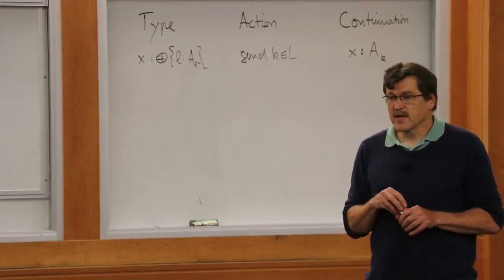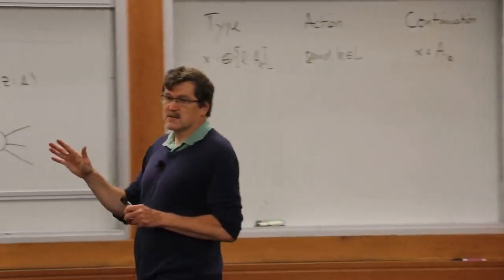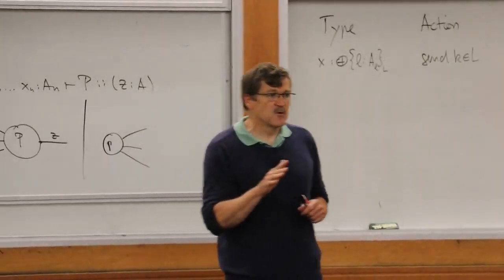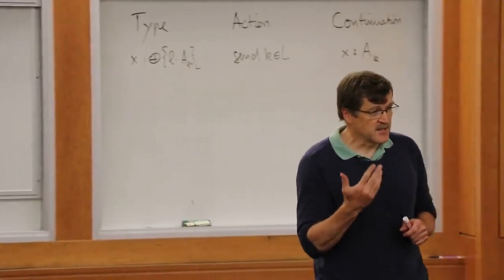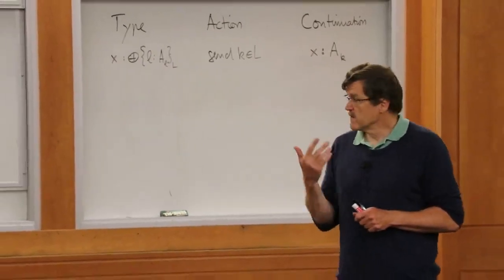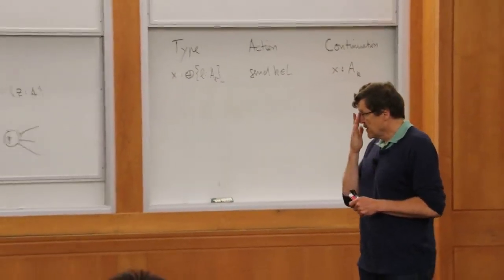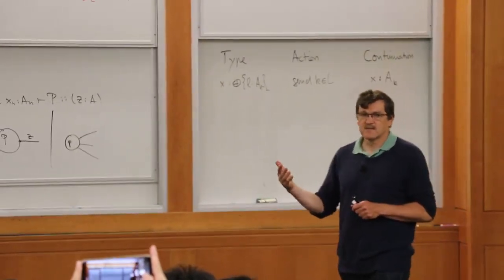Okay, so then what I will do next time is we will explore programming in this logic, and we will explore the additional connectives that we have available now that we have multiple assumptions. We can define other things like a form of implication, a new form of conjunction, and what they will correspond to essentially is that you can pass channels along channels.